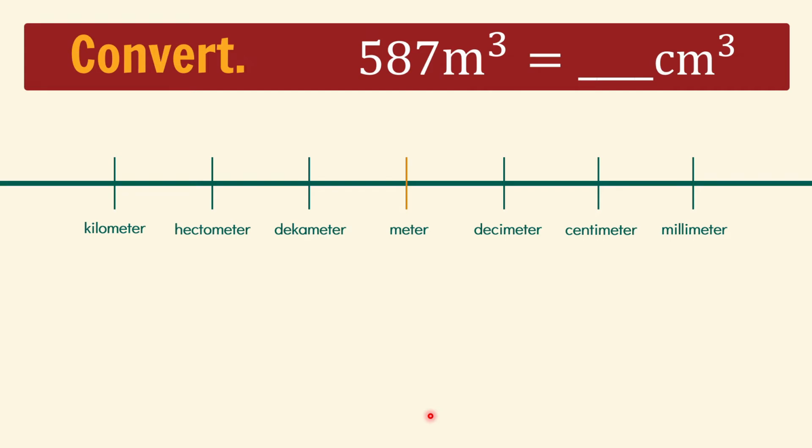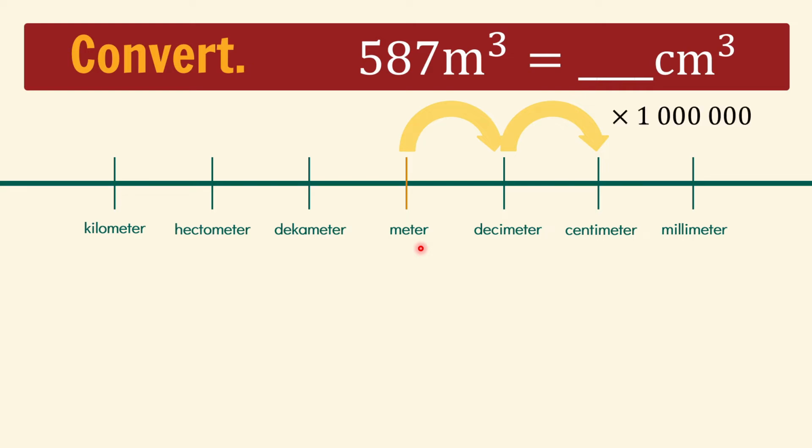Convert 587 cubic meter to cubic centimeter. Based on the metric system line, how many steps do we need to make from meter to centimeter and in what direction? Okay, so we need to take two steps to the right. Since we are converting bigger units to smaller units, what operation will we use in the conversion?